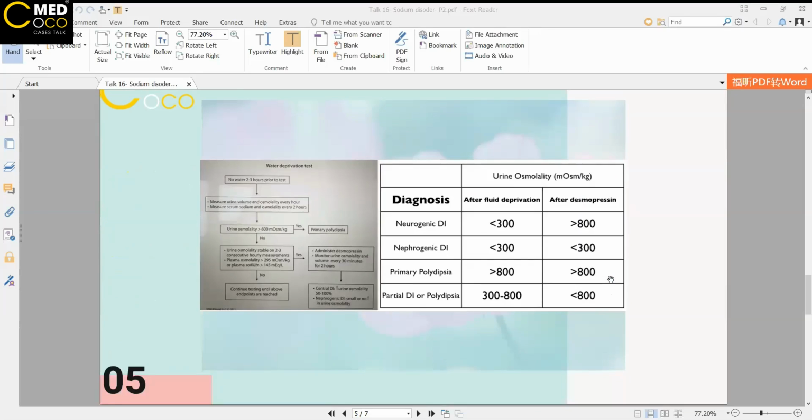That's how to tell if they have primary polydipsia or nephrogenic diabetes insipidus or central. And that's the algorithm on the left right there. If you want to memorize it, I suggest you don't. You just need to understand this and it should be fine.